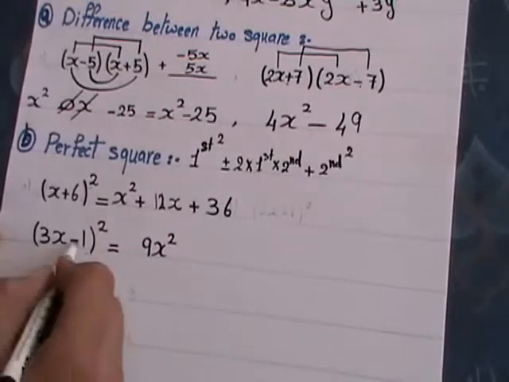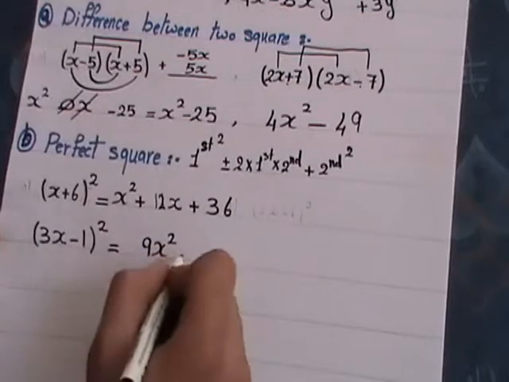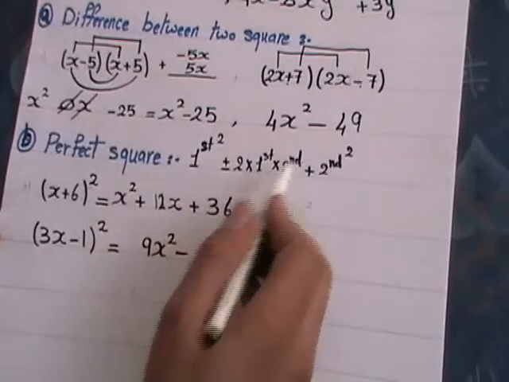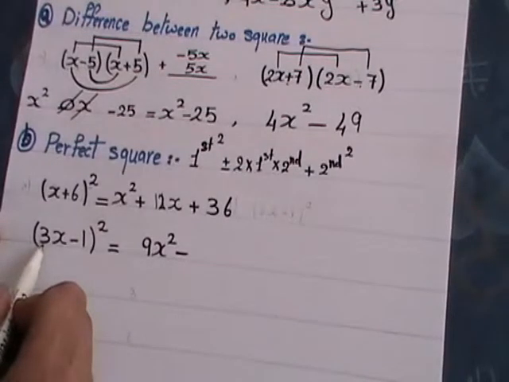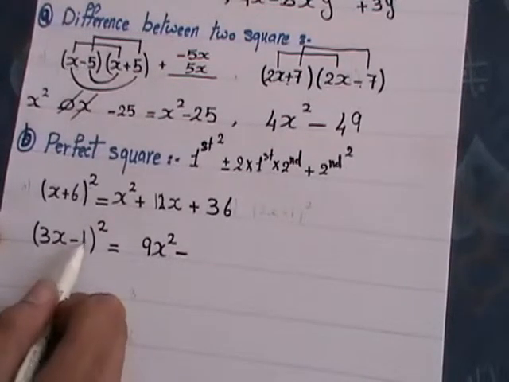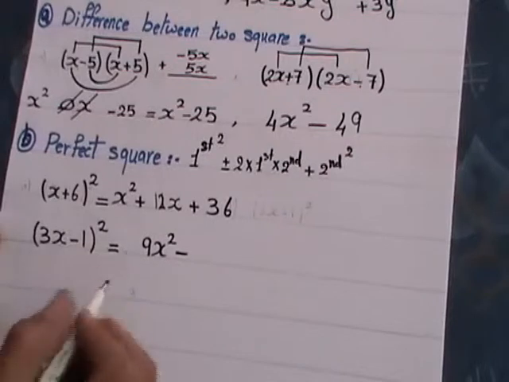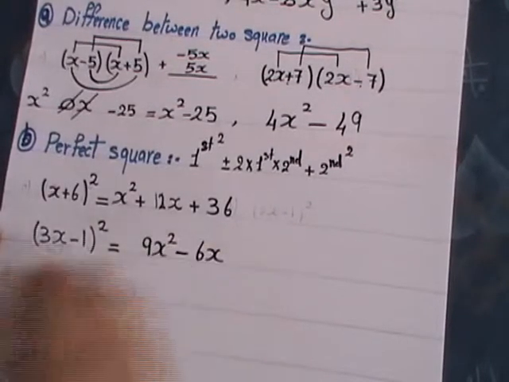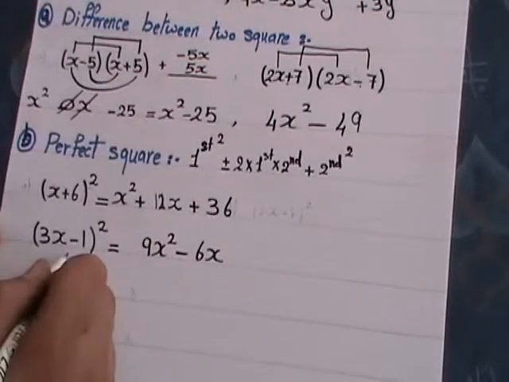And then the middle sign is what? Negative. So we write negative 2 times first times second: 2 times 3 equals 6, times negative 1 equals negative 6, and don't forget to write x.